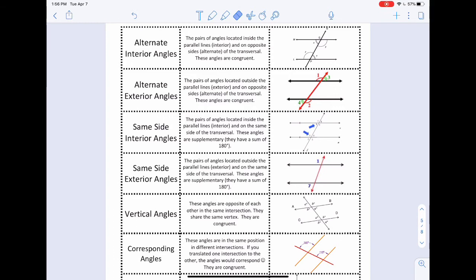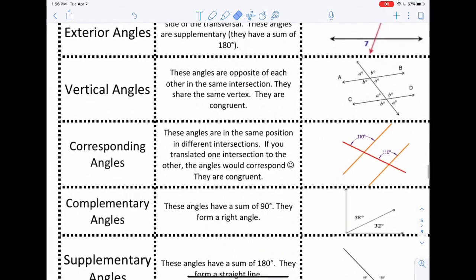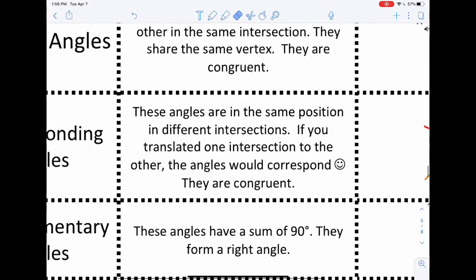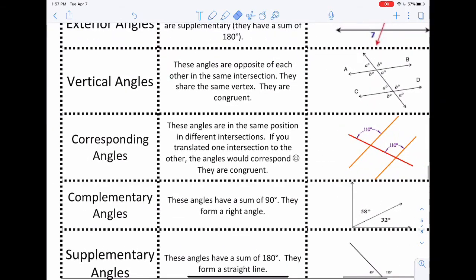So here we have the angle relationships created when a transversal crosses two parallel lines. Which of these angle relationships apply in this problem? Hit pause, look through them, and then play when you think you found it. Hopefully you identified corresponding angles, angles in the same position at different intersections of the transversal.